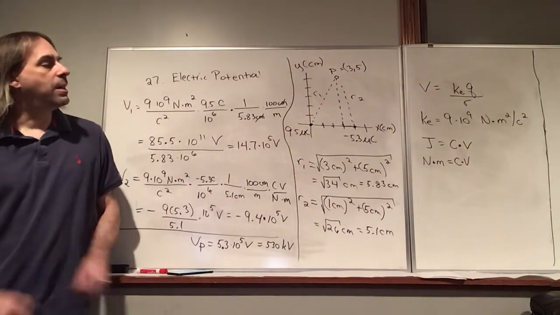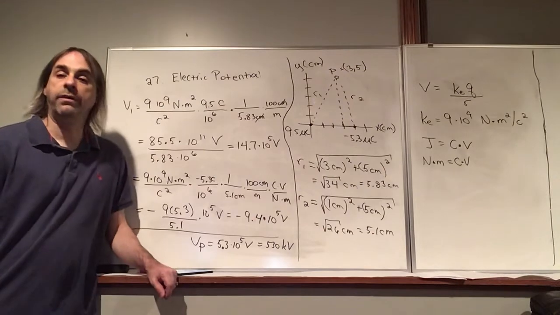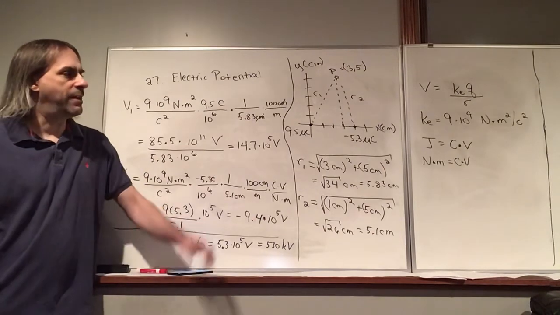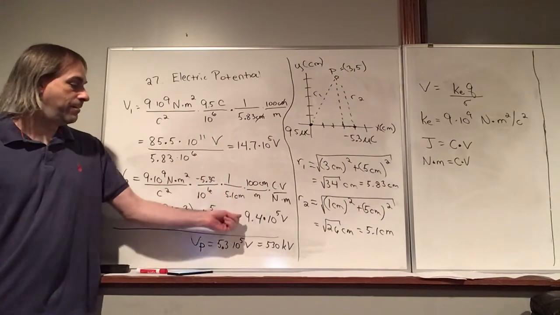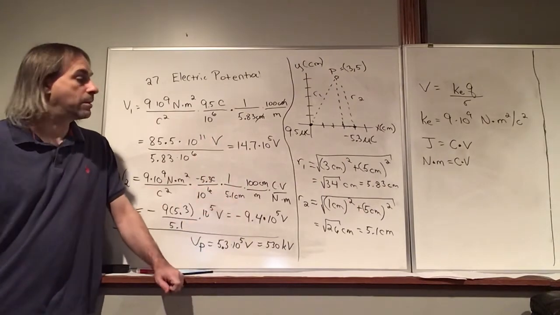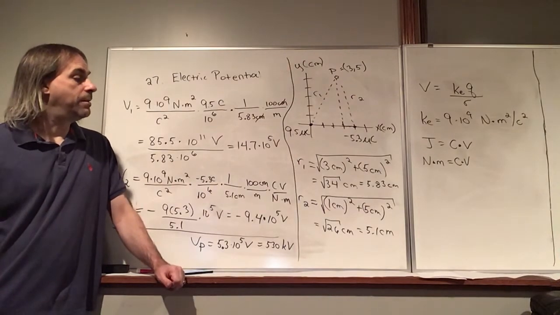Okay, so again, much easier than working with electric fields because we don't have to worry about direction. All we have to do is worry about a plus or minus sign. And again, it's just arithmetic, so it's not nearly as complicated.